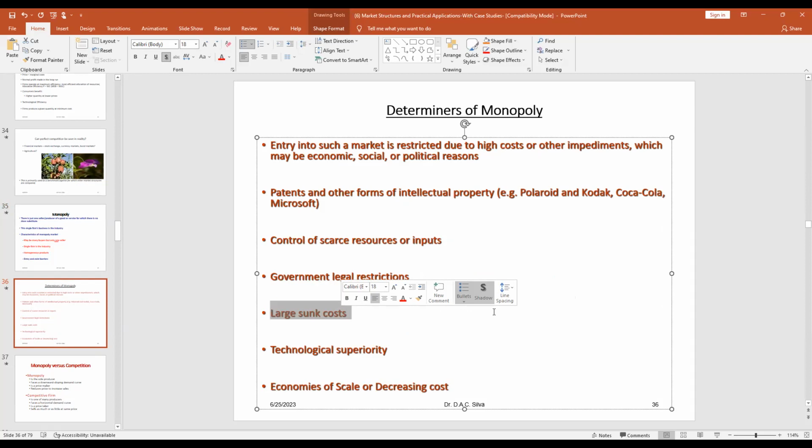Therefore, because of the large sunk cost, many producers are not going to join this market. Most importantly, the government will spend the investment to run the railway services. So as a result, in most countries, railways belong to the government.